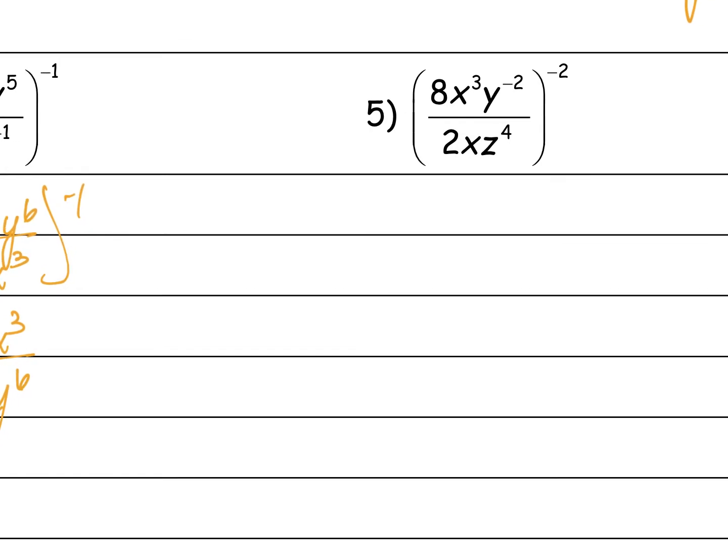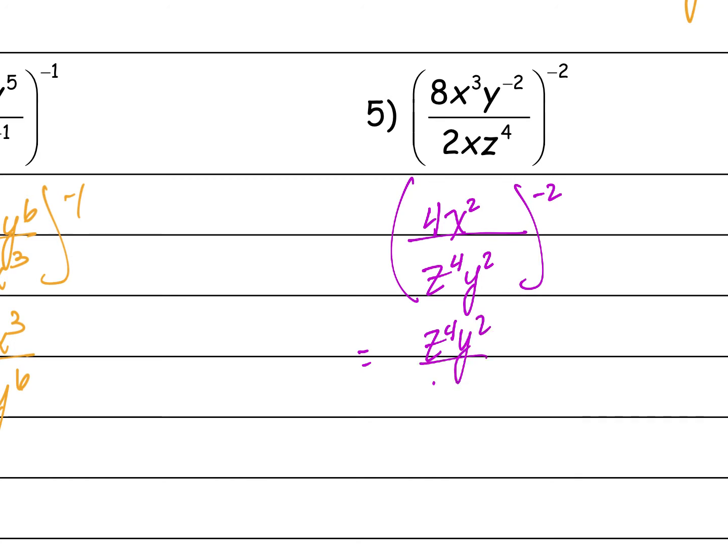I'm going to simplify the inside again. I'm going to get 4x squared over z to the 4th, y to the 2nd. And then flip it, and I should get z to the 4th, y squared over 4x squared, all squared.